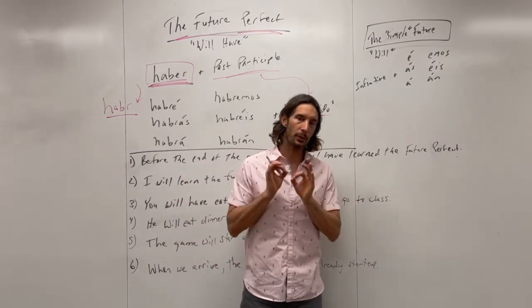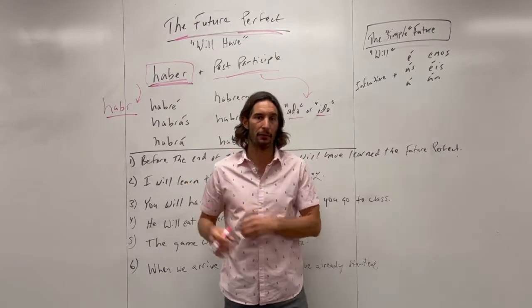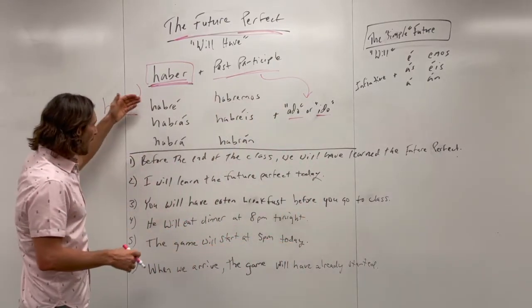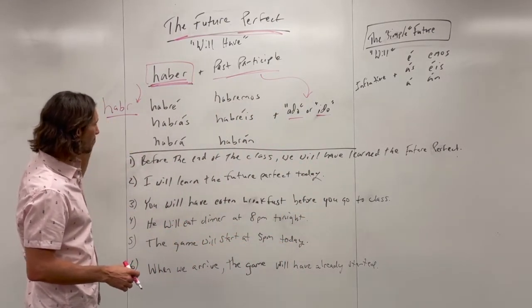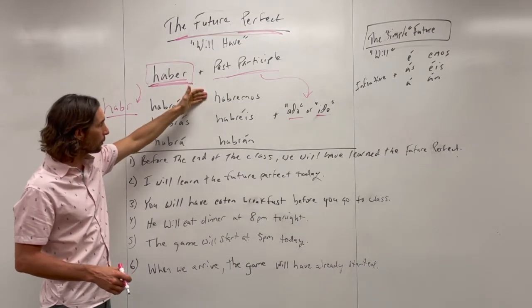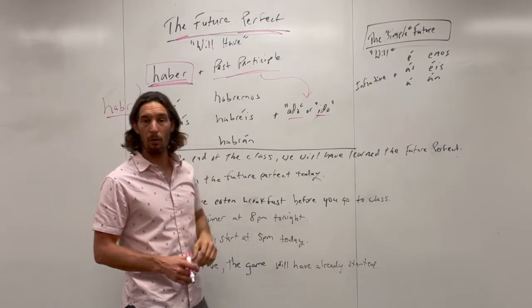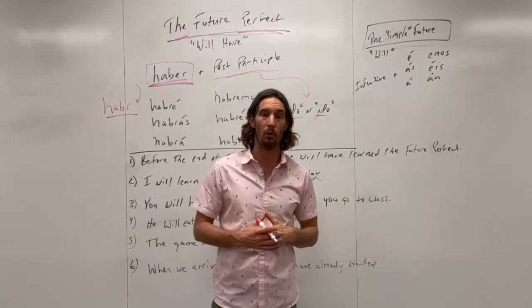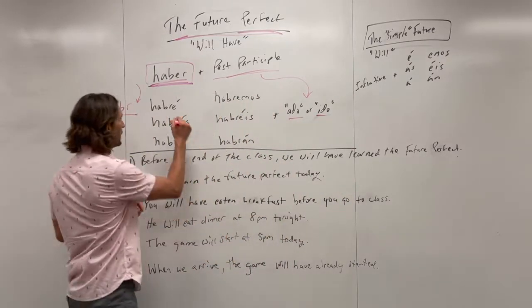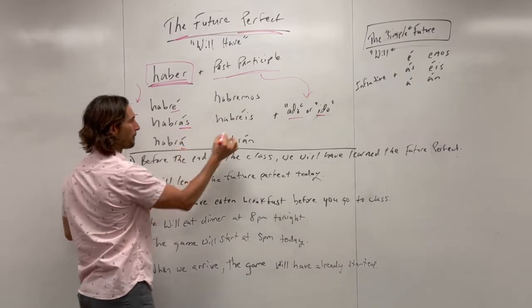That's what's going to give you that "will have." So we have I will have, you will have, he, she, or it will have, we will have, you all will have, and they all will have. Really, all this is haber in the future tense.